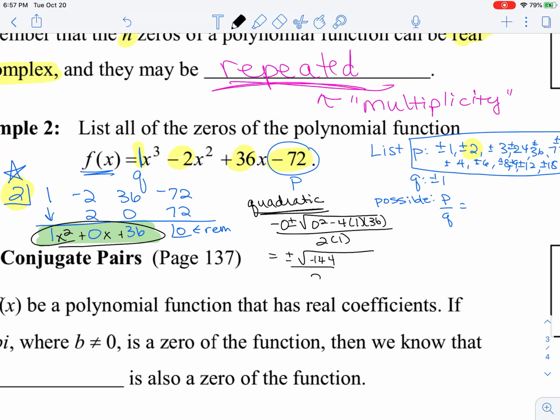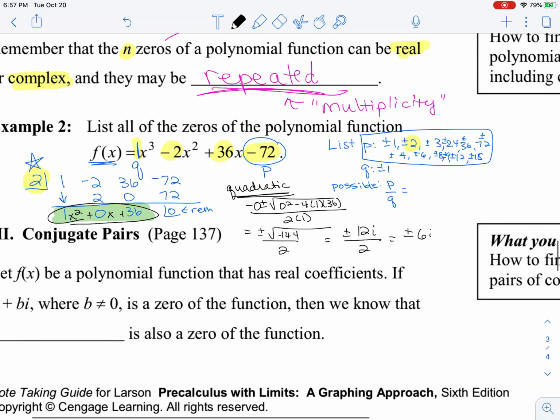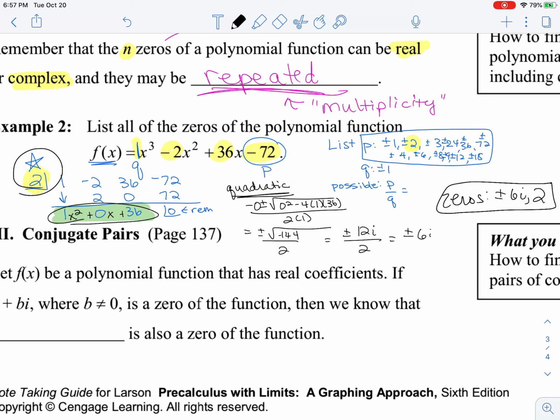And we get plus or minus root of negative 144 all over 2, which I know the root of 144 is 12, so the root of negative 144 is 12i because of that negative in the root. And then we get plus or minus 6i. So all of our zeros are plus or minus 6i, and the 2 that we found.